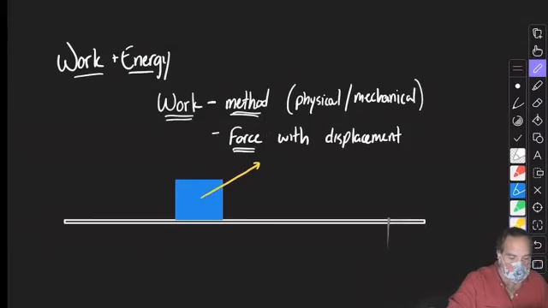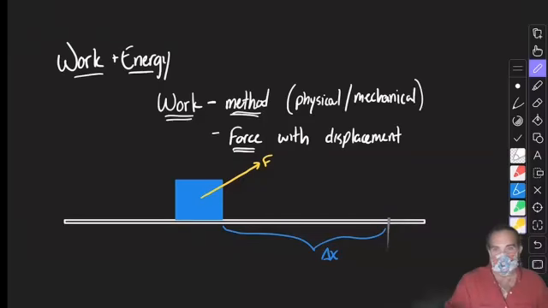If the object's position changes, if it moves from here to here, then work was done by this force. The issue, though, is that the only part of that force that actually does work is the part of that force that's in the direction of motion. So the whole force doesn't do work, just a part of the force that is in the direction of motion.